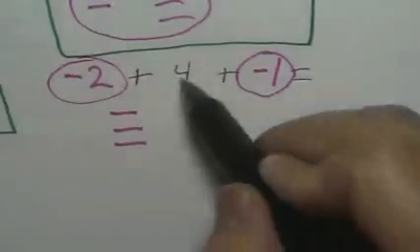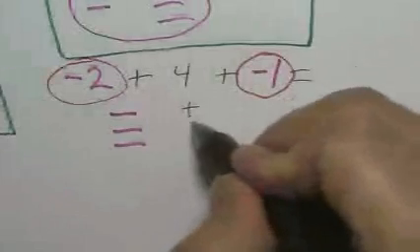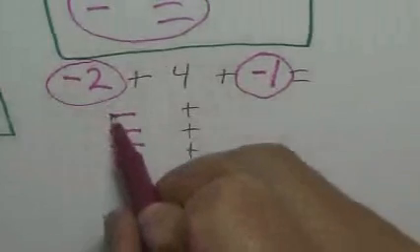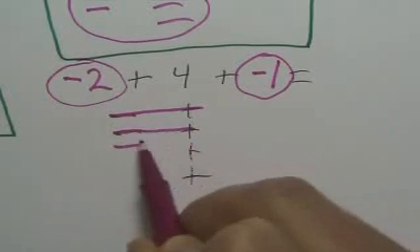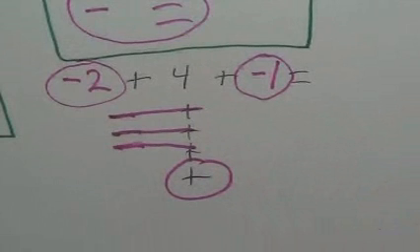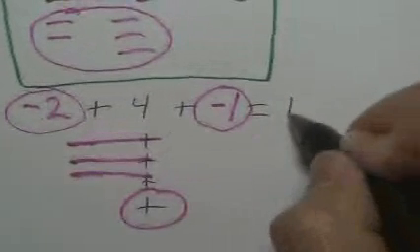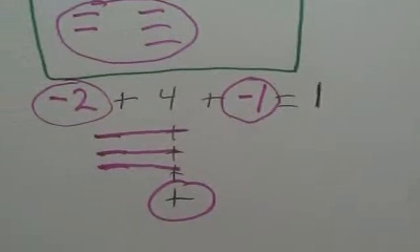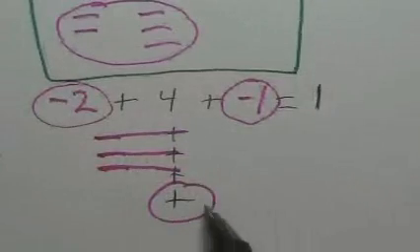And then I have 4 positives. So I have 1, 2, 3, 4. And these cancel. They come out to be 0. These add up to 0. These add up to 0. And you're left with this, which is just positive 1. Positive 1 is the answer. Because this is just 4 and negative 3. Negative 3 and 4 makes positive 1.